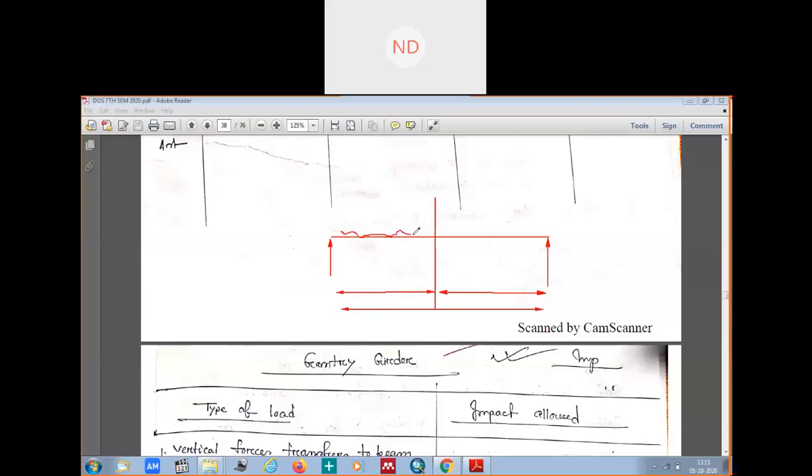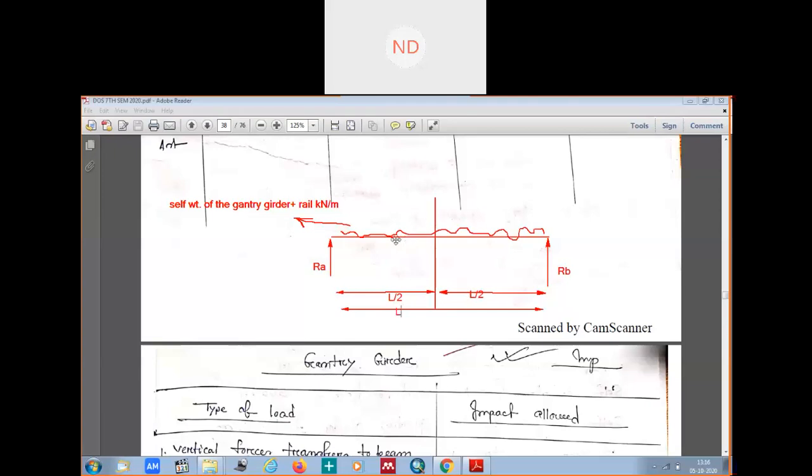This is your UDL. This was the self weight of the gantry girder plus your rail section, in kilonewton per meter. This was your RA. This was your RB. We have L by 2, L by 2. This is L.